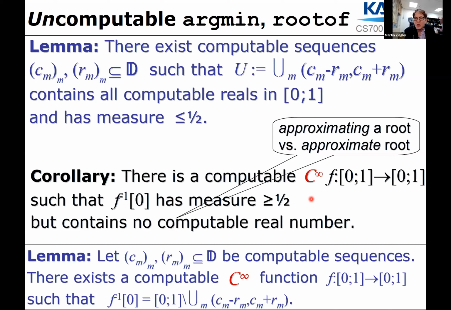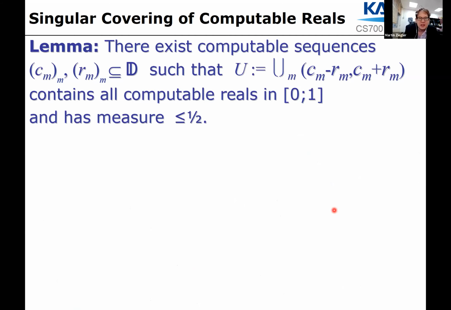And so the sequence of approximations is not guaranteed to converge to one single number, although every single finite approximation is sufficiently close to some root. Okay, that's a subtle point that is easy to confuse. Okay, what remains for us to do is to prove that singular covering lemma, right? And I guess that's all we can aim for in today's lecture.